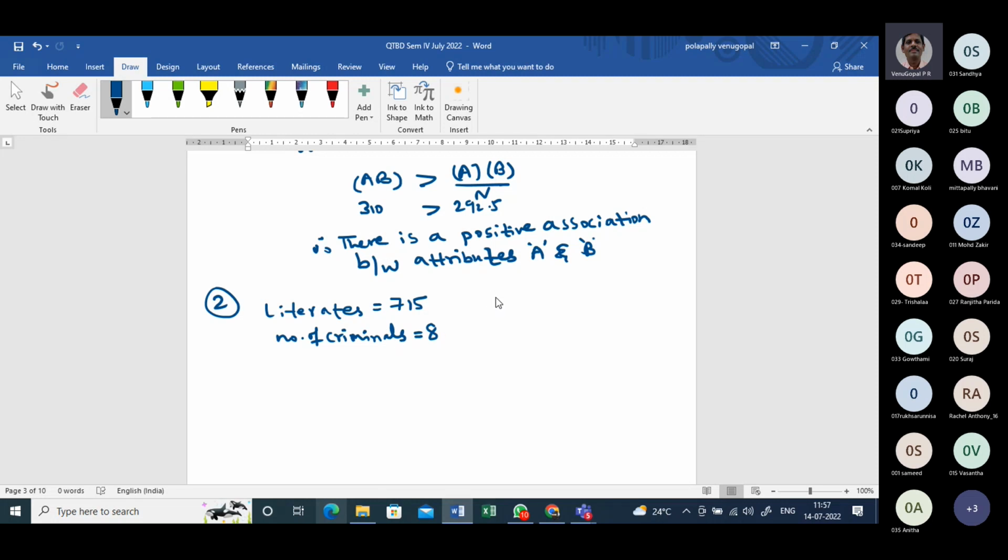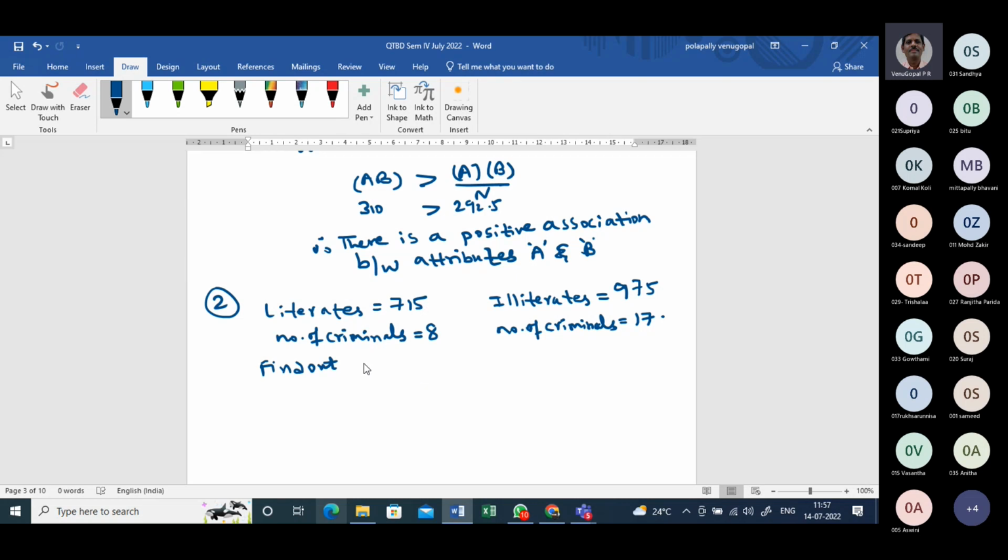Out of illiterates, how many illiterates we are taking? 975. How many criminals are there? 17 are there. Find out if illiteracy and criminality are associated or not.